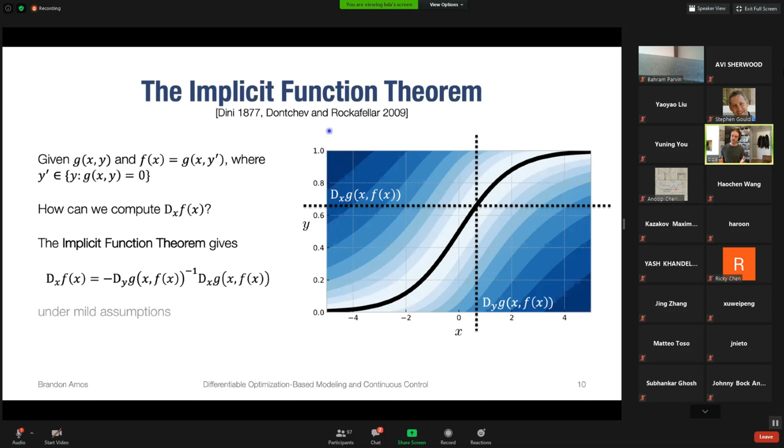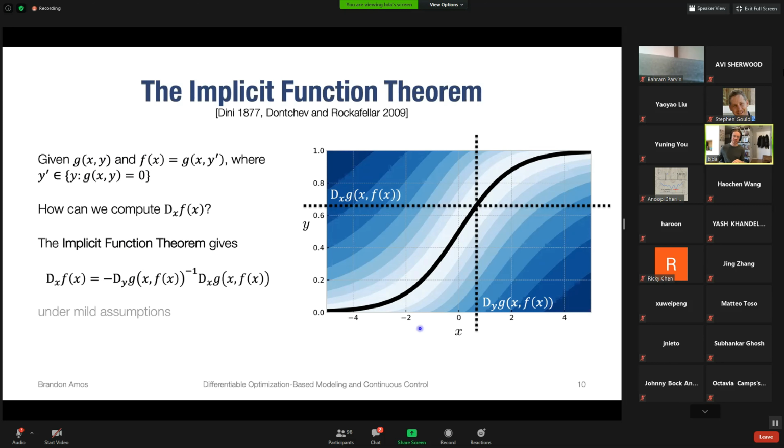The implicit function theorem says, okay, we have a function f which is defined as the roots of this g function, and we might not have a closed form solution for what f is, but we know what g is. The implicit function theorem gives a way of computing the derivatives through f with respect to x in this way.